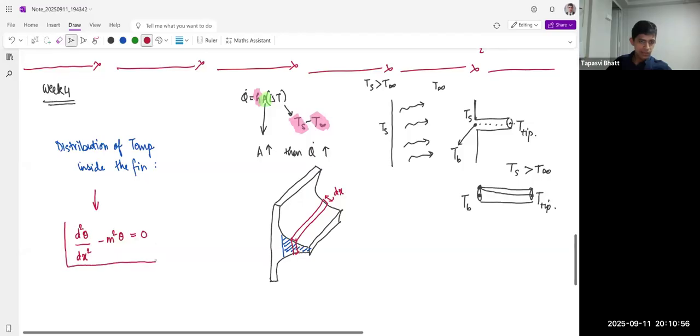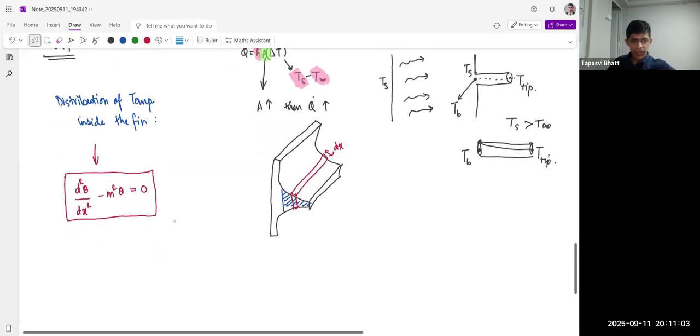If this is not making sense to you, it didn't even make sense to me while I was going through this the first time. So never mind. What is theta? Theta here is T minus T infinity. What is T? T is the temperature inside the fin.